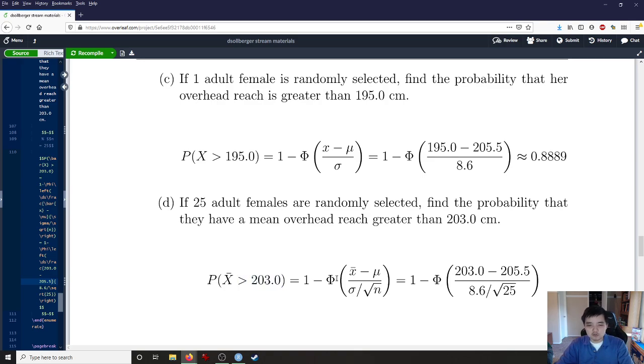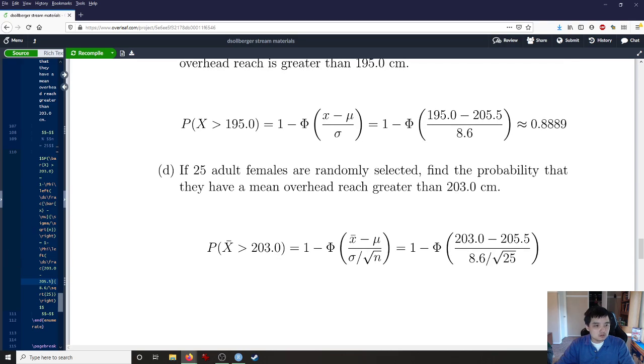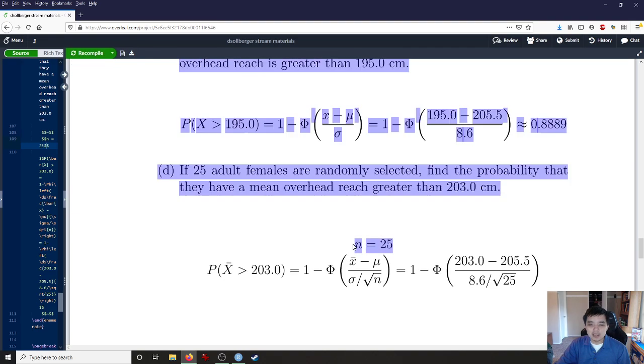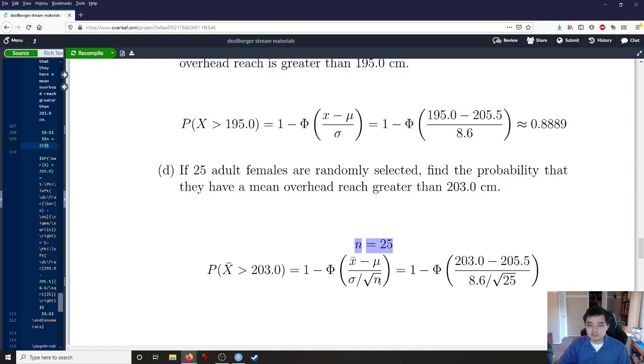To reverse the inequality, once again, we'll employ the complement 1 minus 5. And since we have a group of 25 people, n equals 25, and we use the updated version of our z-score conversion with the square root of n.